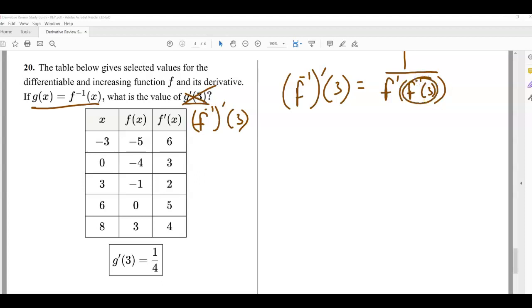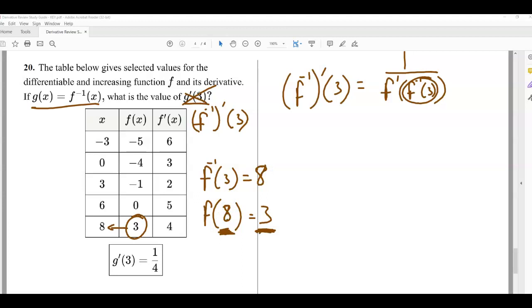I want to know, what is f inverse of 3? Well, I know that writing this as f instead of f inverse would reverse these things. And so I'm asking myself, what value of x has an f value of 3? Well, here's where f is 3, and the x that goes with that is 8. So what goes in this parentheses here is the 8.